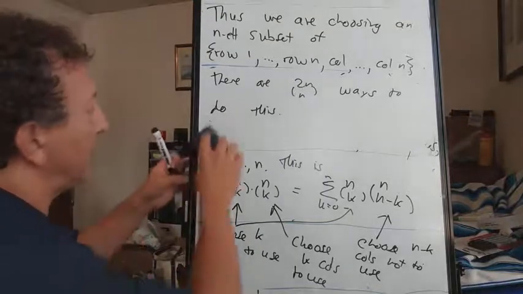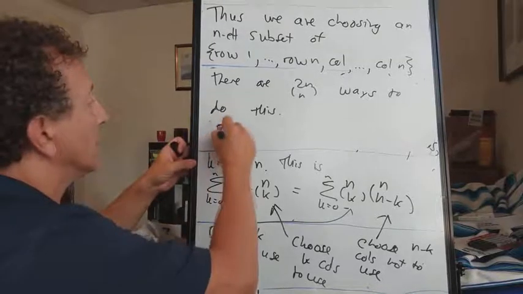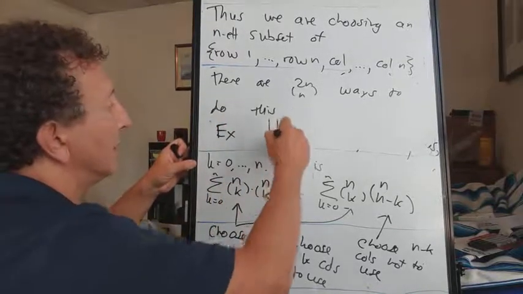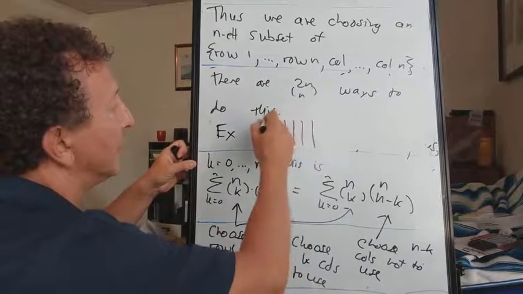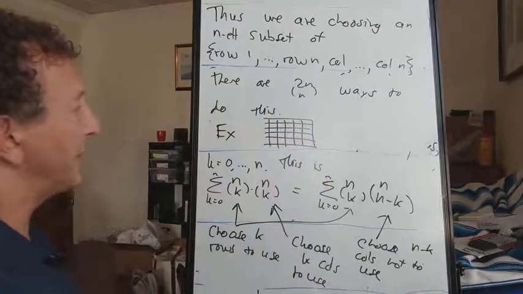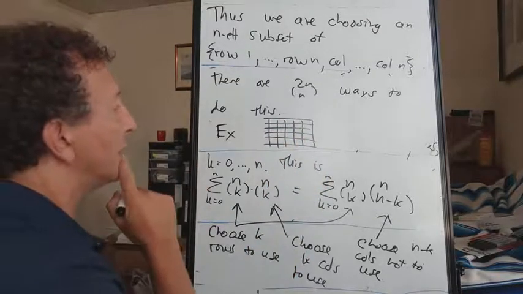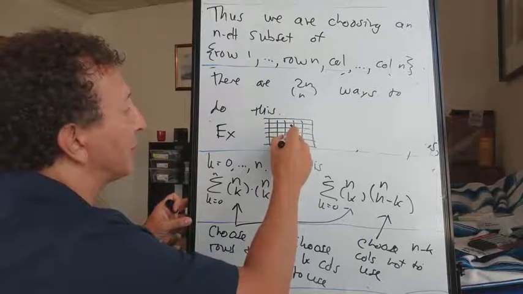So just as an example, here's a 5 by 5 matrix. Let's say we're choosing rows 2 and 4 and columns 3 and 4.